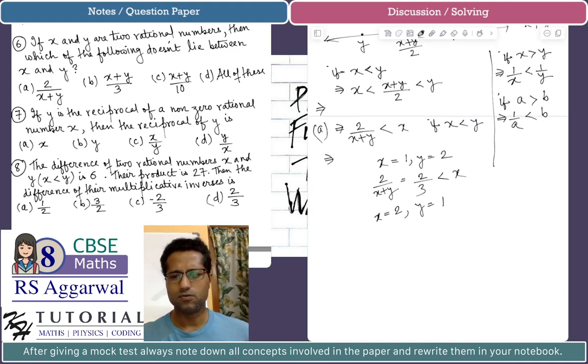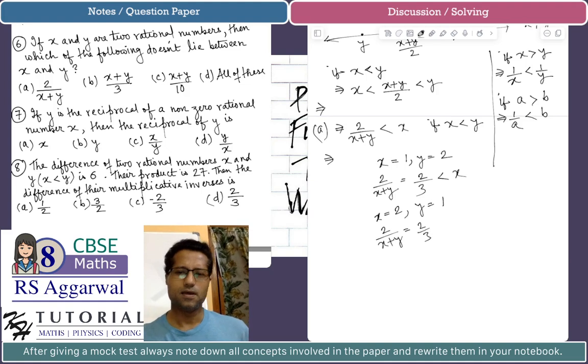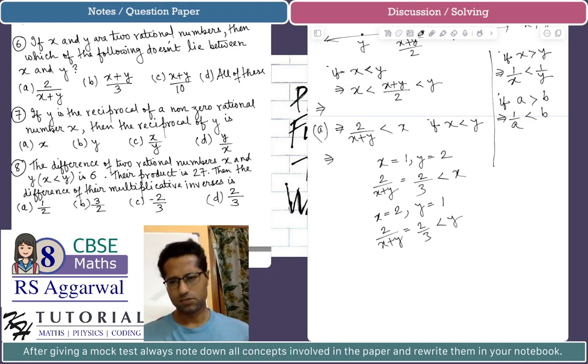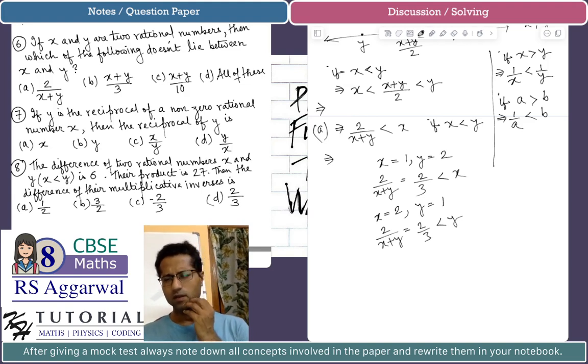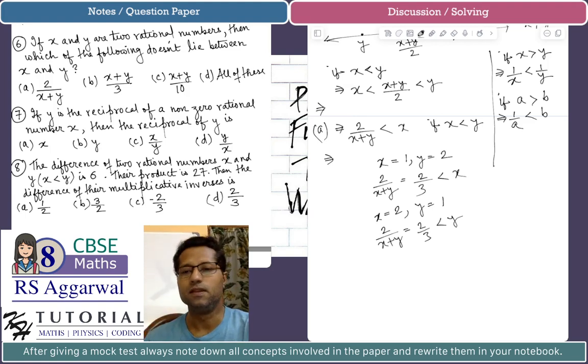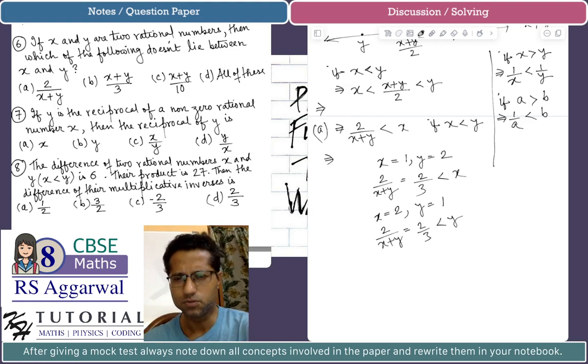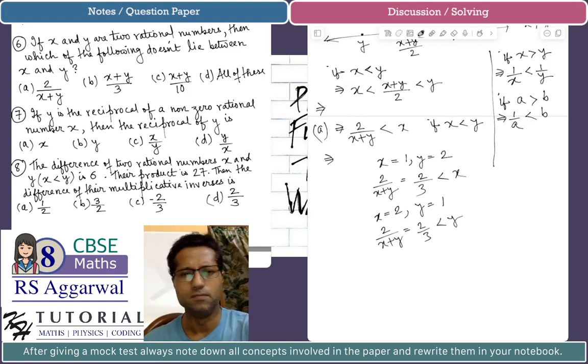Then 2 by x plus y will be the same thing, 2 by 3, which is also less than y. So in any way we can see that whatever value we choose for x and y, 2 by x plus y is not actually lying between x and y. So this is a way of solving the problem.